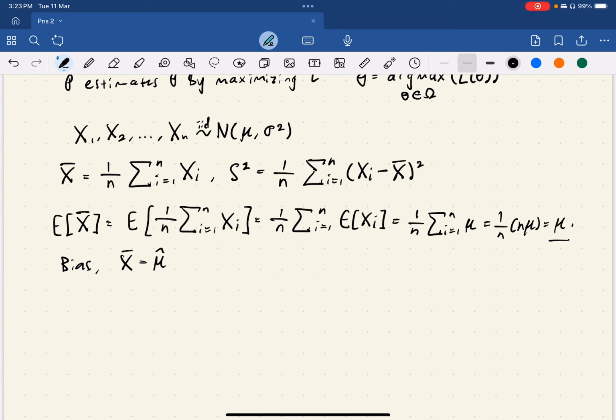And if the expectation of mu hat, the estimator of mu here, equals mu itself, we say that x bar is unbiased.